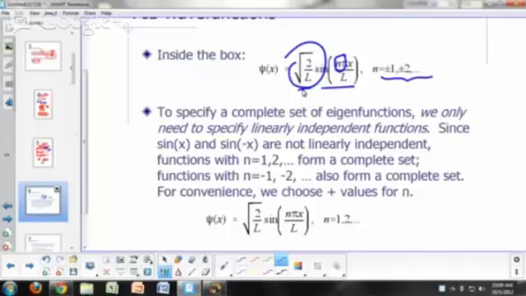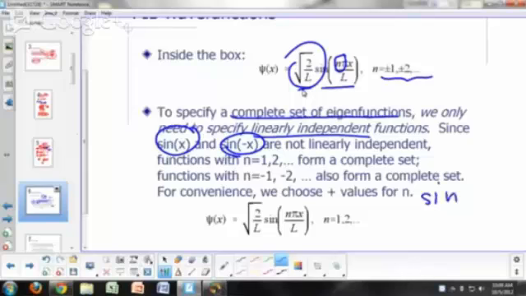All right. Now, if you want to specify a complete set of eigenfunctions, you only need to specify linearly independent functions. There's no point in including functions that are linearly dependent in your set. So if you remember, sine x and sine negative x are not linearly independent. Why? Sine of negative x is just equal to negative sine x, right?